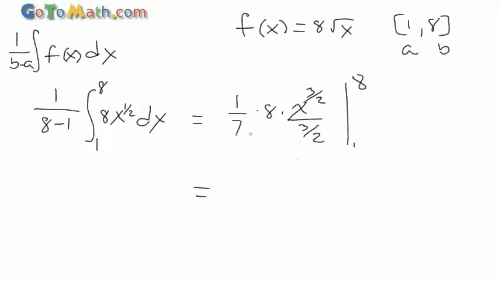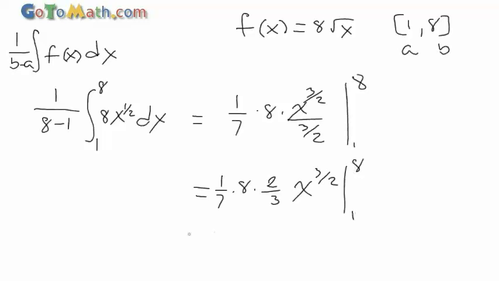Alright, so we kind of need to clean all this stuff up here. I'm looking to see if there's anything we can do here. I'm just going to write it like this. We got 1/7 times 8 times, take this, flip it, 2/3, x to the 3 halves.